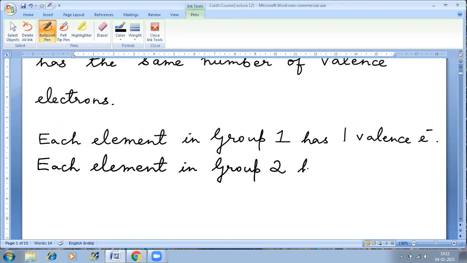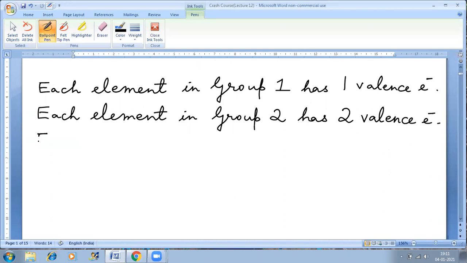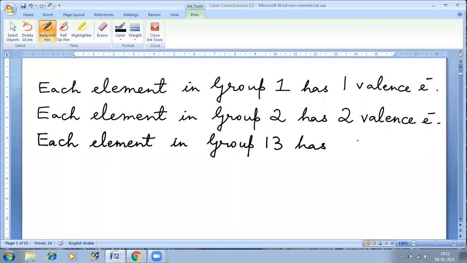Each element in group 2 has two valence electrons. Each element in group 13 has three valence electrons.